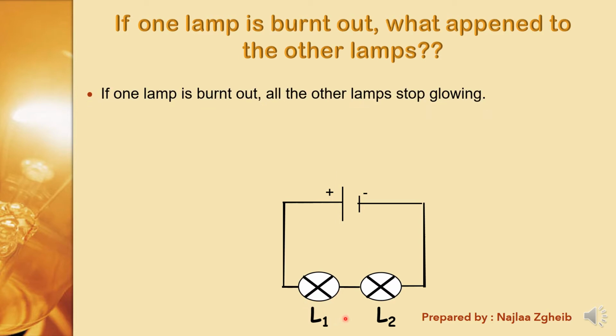Since the damaged lamp acts as an open switch, when L1 is burnt out, it acts as an open switch, and then the circuit becomes an open circuit. That's why L2 stops glowing. So you have to know that any damaged lamp acts as an open switch, and then the circuit becomes open.